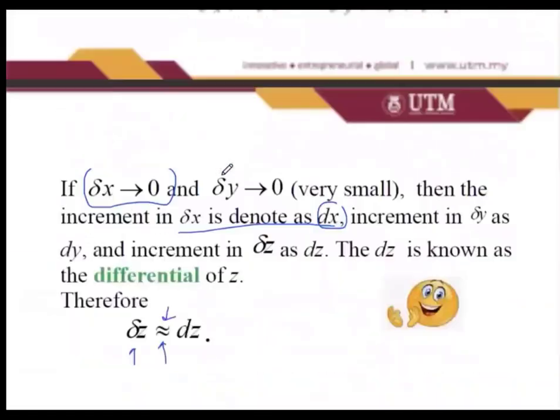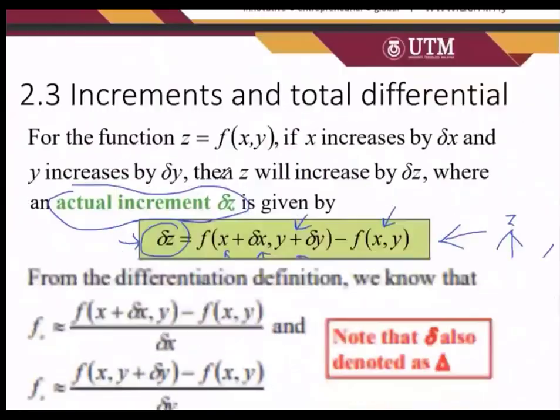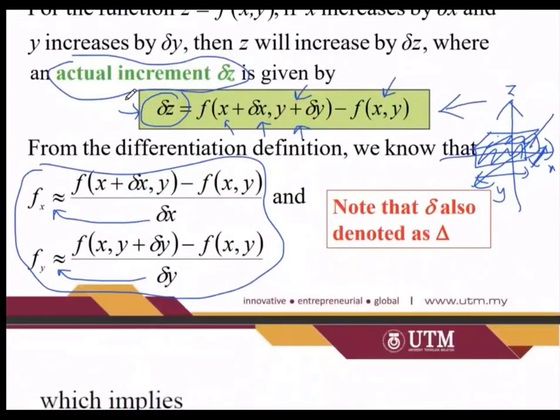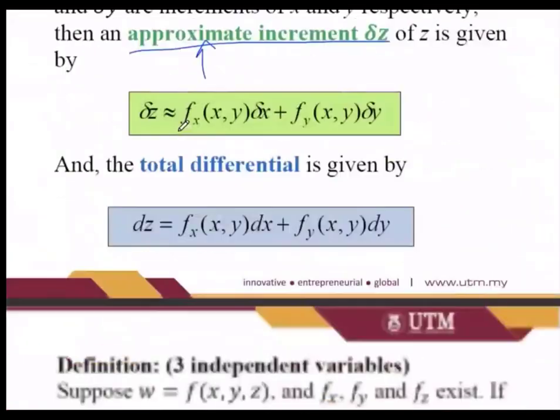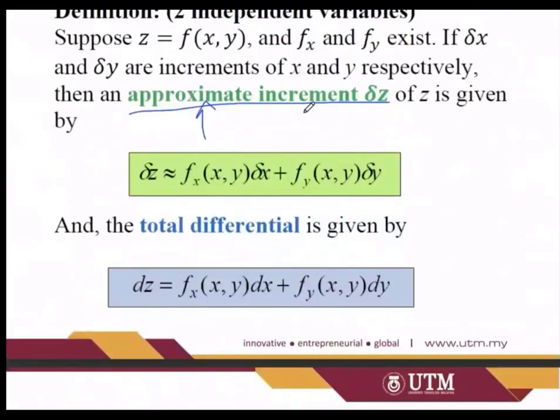The first one, remember, is the actual increment. So remember two terms: first is actual increment, the second is approximate increment. From the approximate increment, we also can say that it is the total differential. Same thing.